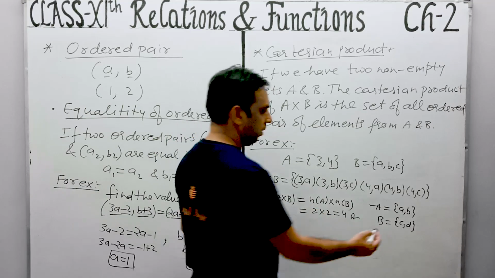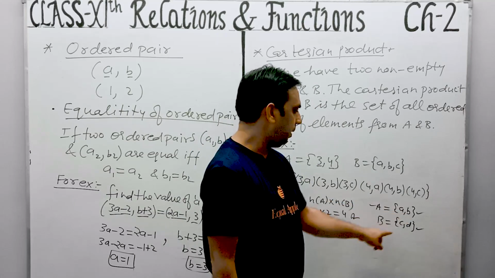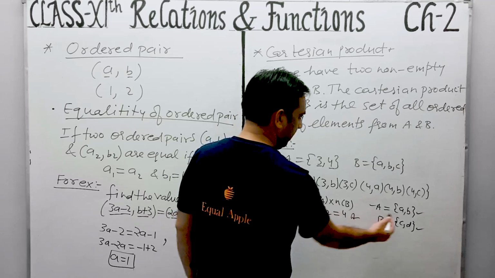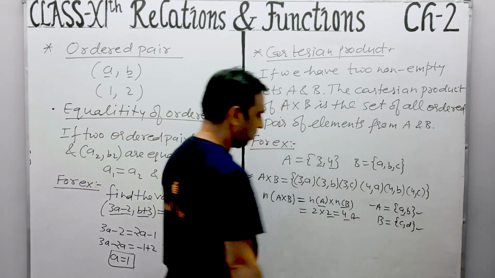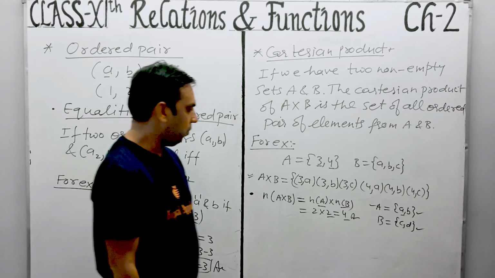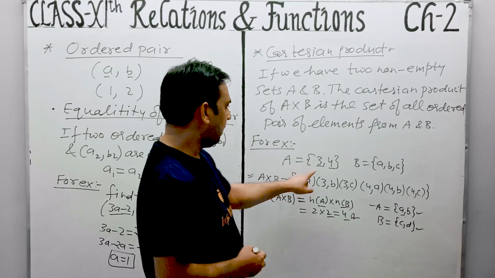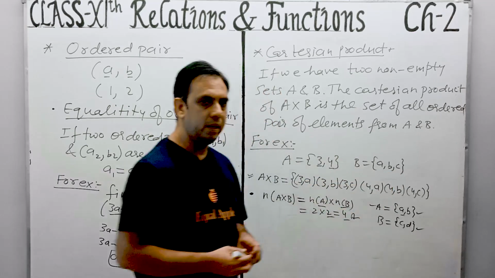I am taking two sets here, A having elements a and b, and B having elements c and d. The number of elements in A is 2 and in B is also 2. Or in this other example, the number of elements in A is 2 and the number of elements in B is 3.